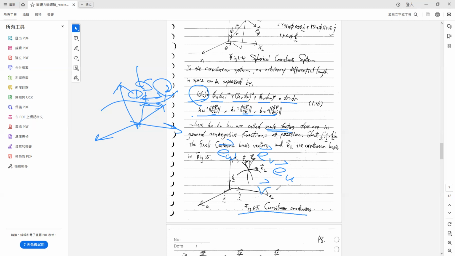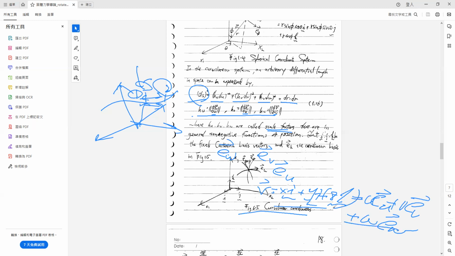So vector r equals xi plus yj plus zk, which equals u vector eu plus v vector ev plus w vector ew. So how can we transform the two equations and make them the same?